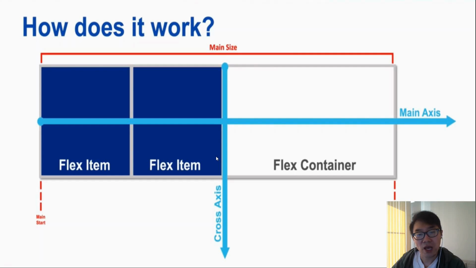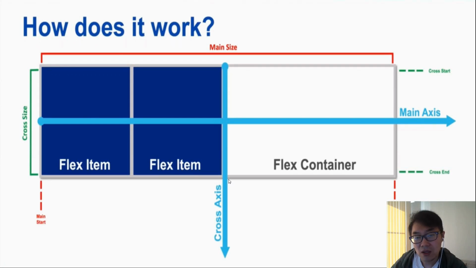Although not obvious here, a flex item can be positioned along this axis in a variety of different ways, and we will see this in a future video. Just like the main axis, the cross axis also has a cross start and cross end.